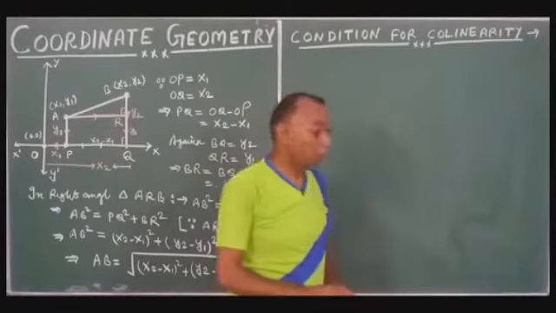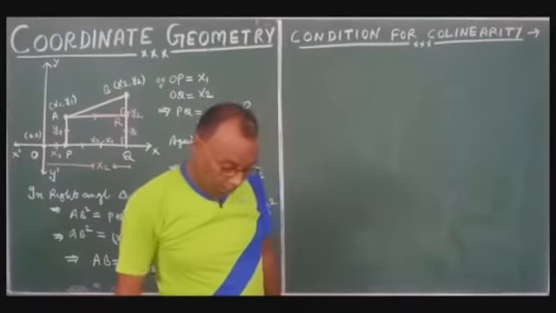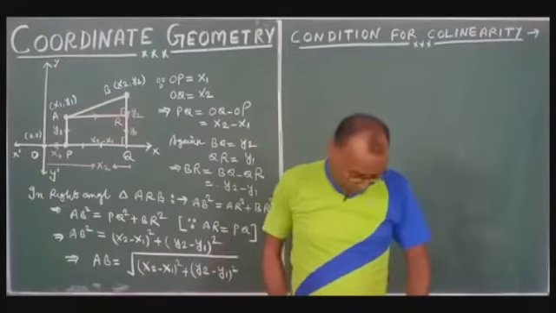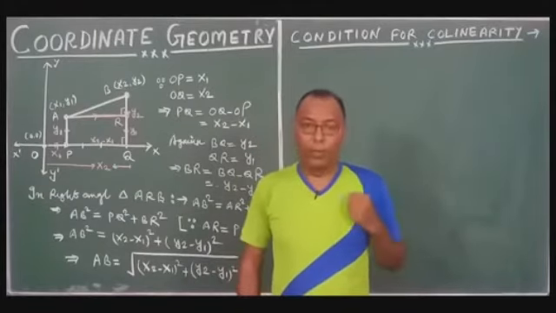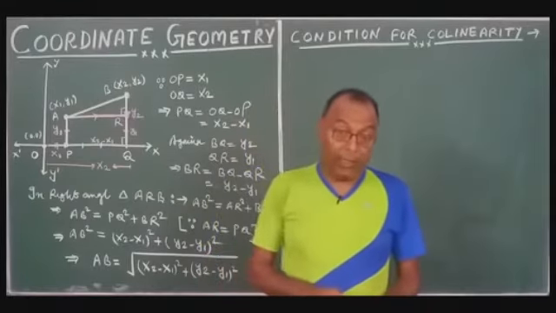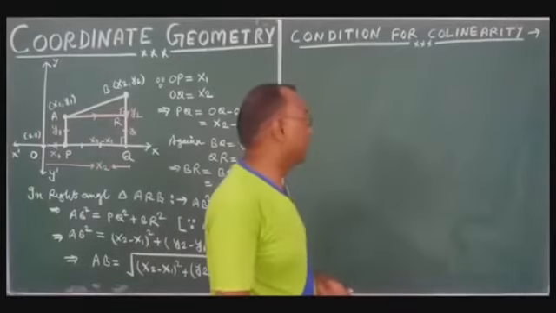Condition 4, collinearity. Now we know very well that 2 points are always collinear. But what about 3 points? There is a little bit of difference. Just look here.